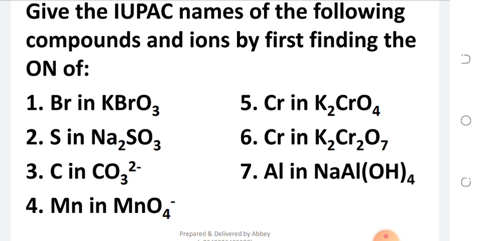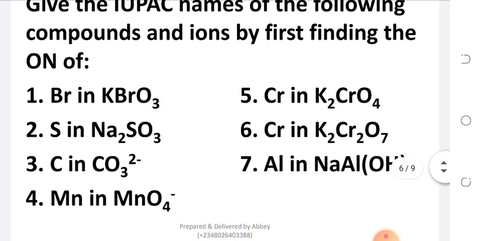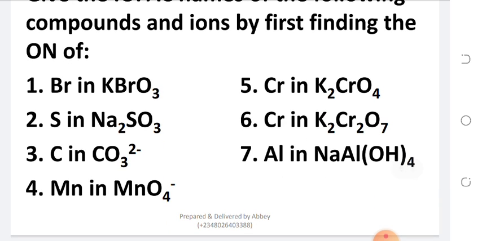So you find the oxidation number of the elements in that compound first, then after that you can now name the compound. You can solve it and pass your solution on to us through text message or through that email, through that phone number there via WhatsApp.